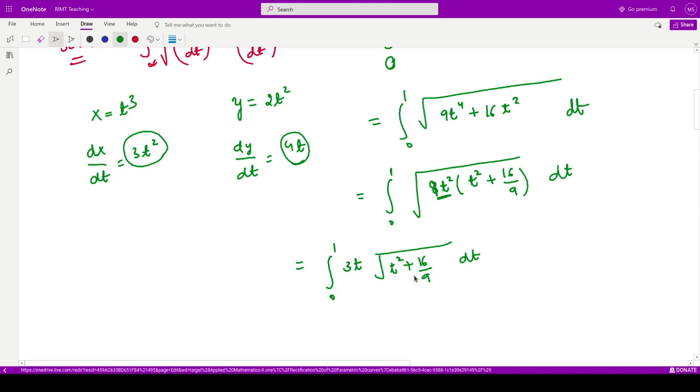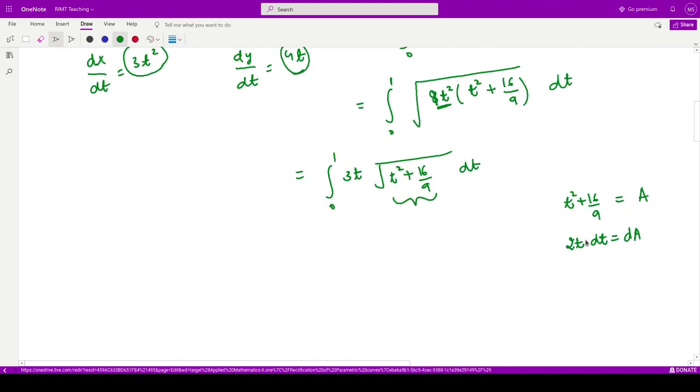So how can you perform its integration? You can substitute this quantity t square plus 16 by 9 as some other variable, say a. What would be its derivative? It would be 2t dt, that would be dA. Your limits would change: whenever t is 0, a is 16 by 9, and whenever t is 1, a would be 1 plus 16 by 9, so that would be 25 by 9.